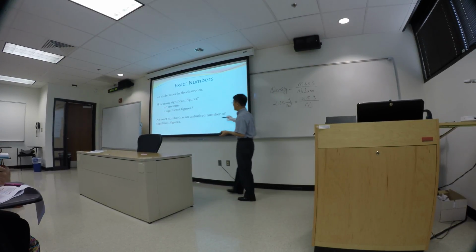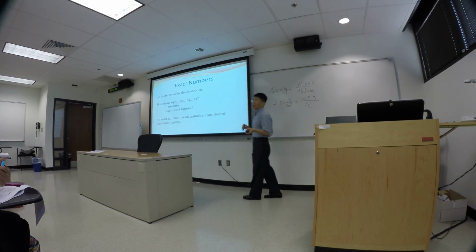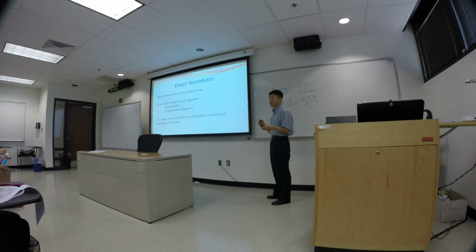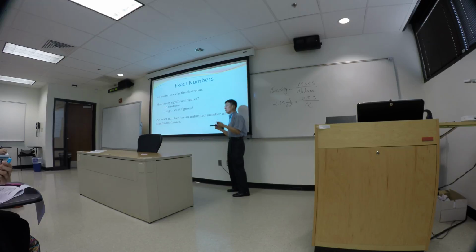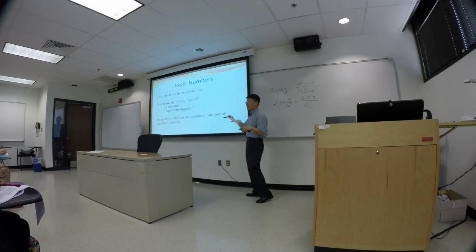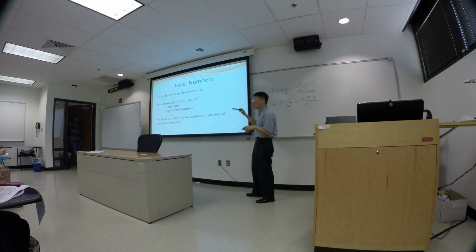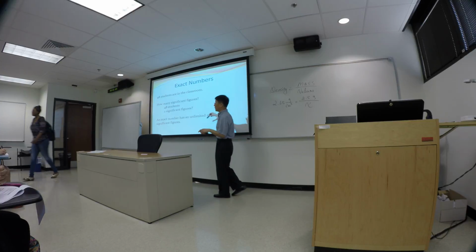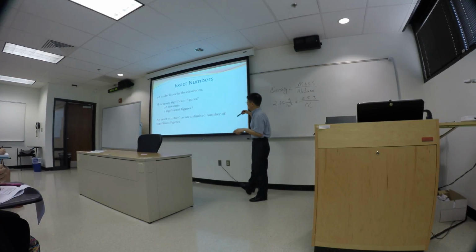So remember, an exact number has an unlimited number of sig figs, or we simply don't use the term sig fig on an exact number. Conversion factors are something we will introduce a little bit later today. Conversion factors are treated as exact numbers, so you don't use sig figs on the exact number, and it will not limit the number of digits in your calculation if it involves a conversion factor.